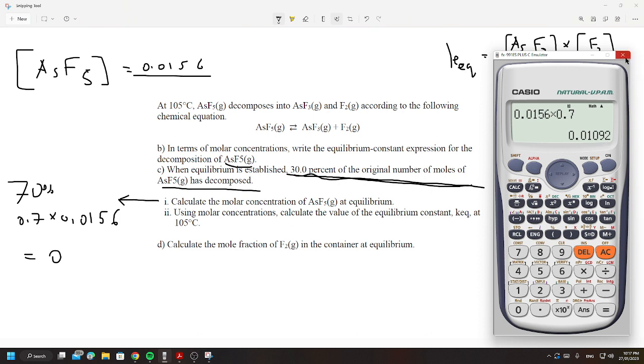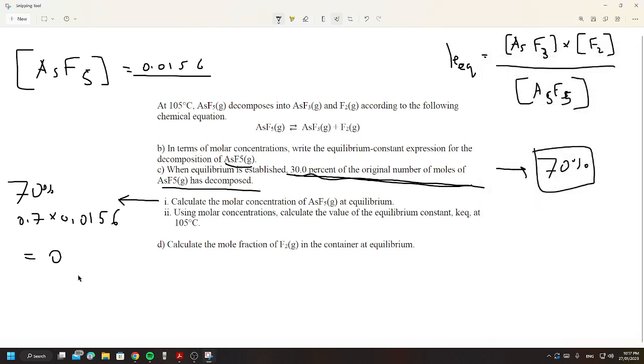I'm just going to take it to three significant figures: 0.0109. This is our answer.